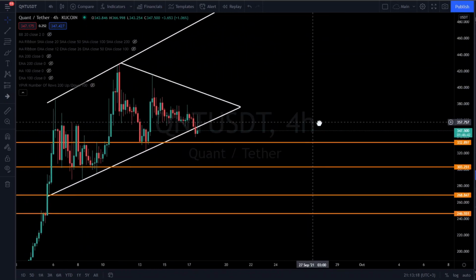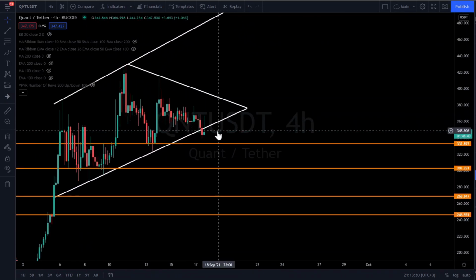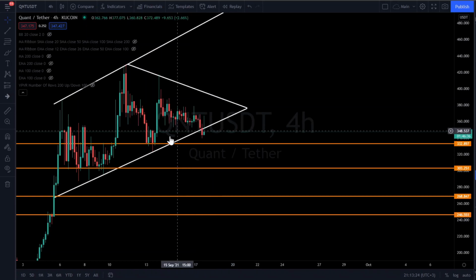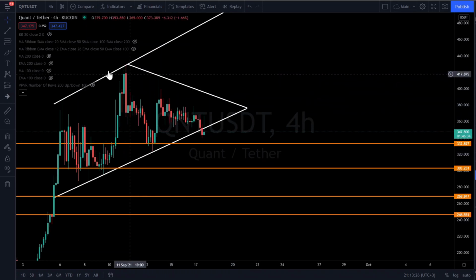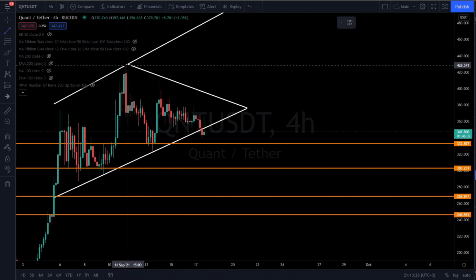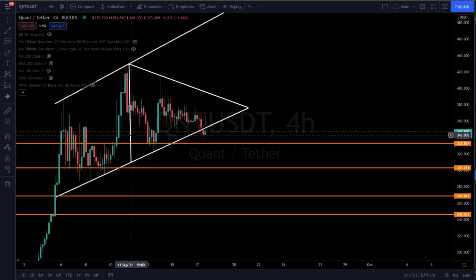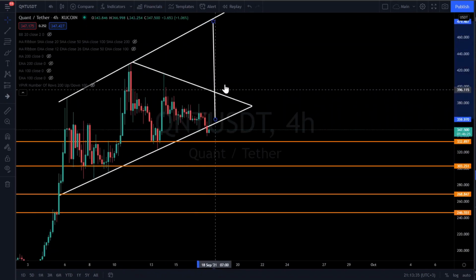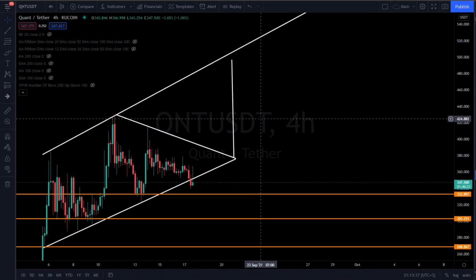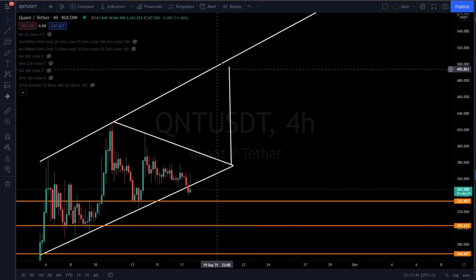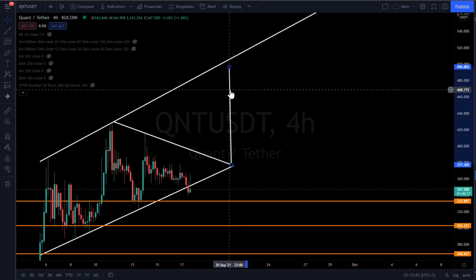Obviously, we still can break into this channel, and at that point I'm looking at this sort of triangle forming right here. So we have a target of that triangle formation, which is almost exactly where the upper level of the channel is, which would be nice.